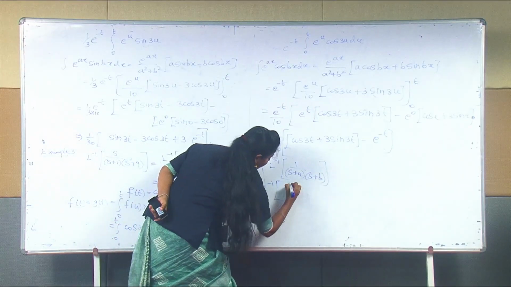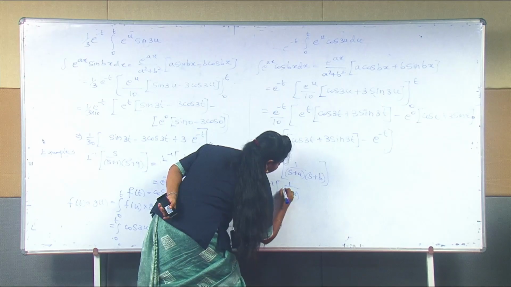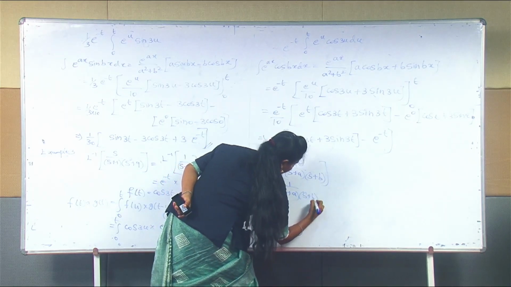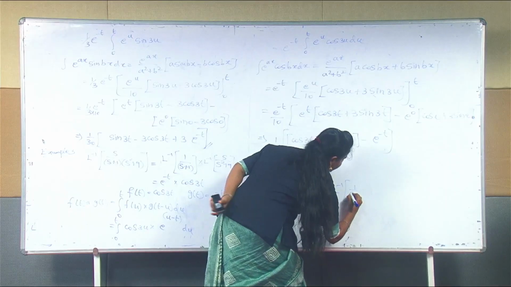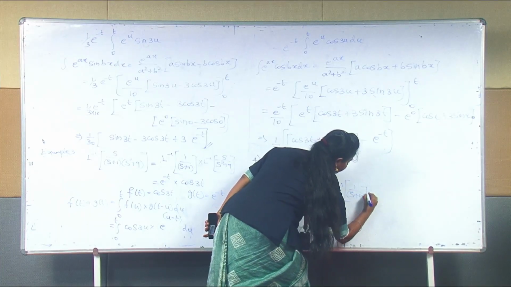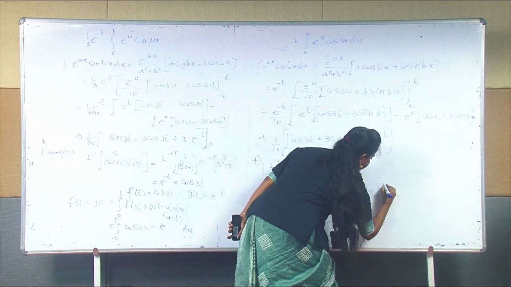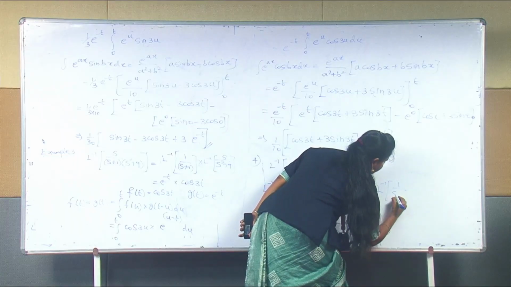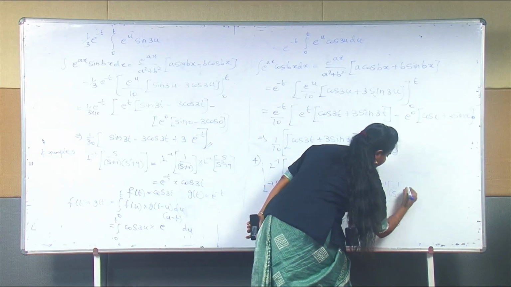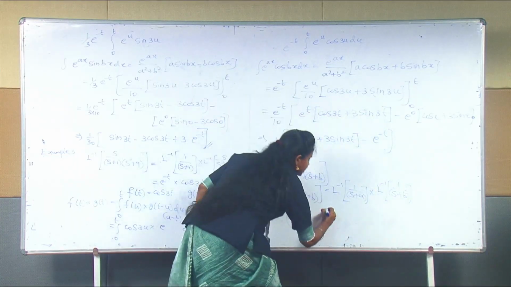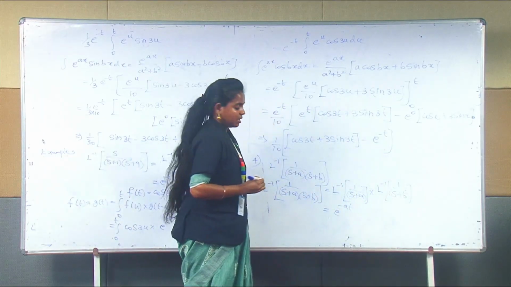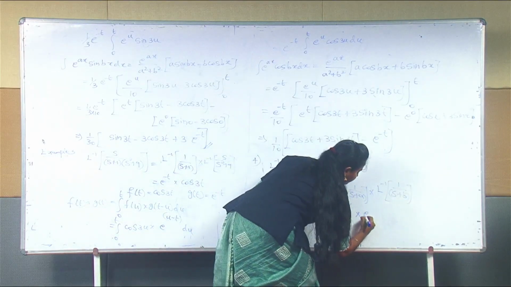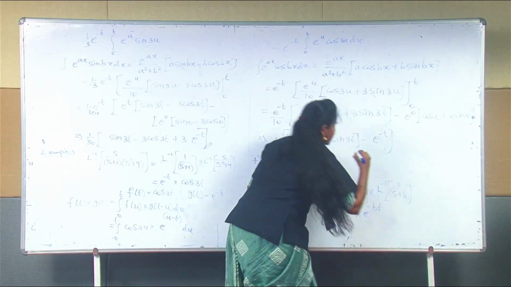So here I am going to write it as Laplace inverse of 1 divided by s plus a into Laplace inverse of 1 divided by s plus b. What is the formula for this? This is e power minus at. This is e power minus bt.